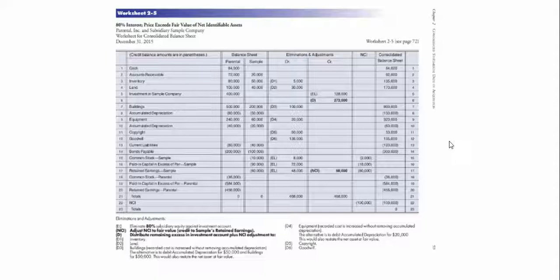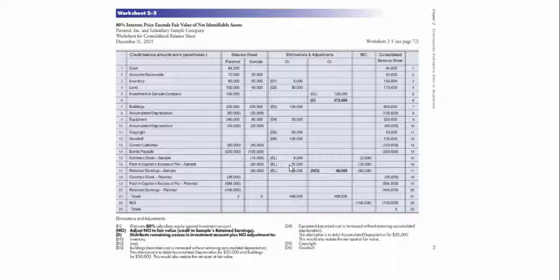Looking at the worksheet, it's pretty important for us. Notice that on the balance sheet, our debits are positive, credits are negatives, and everything's straight. The eliminating entry, which we just saw, is where we want to take out the amount of the equity that we have, right?